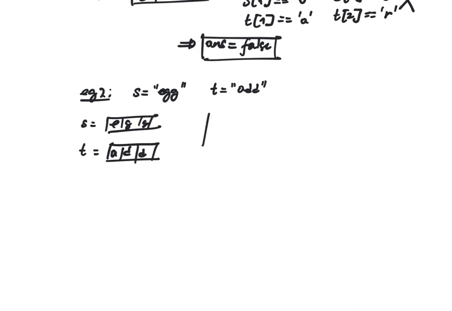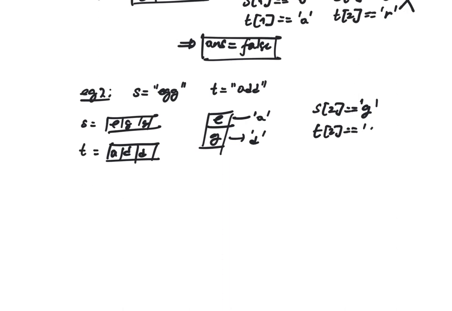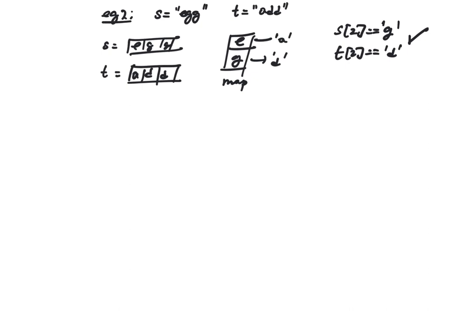We can have our map here, and we see that E is mapping to A, G is mapping to D, and when we process S of 2, which is equal to G, and T of 2, that is equal to D, then we can see that G is already mapping to D in the map. So this is okay, and we are finishing processing the string. So the answer is true.